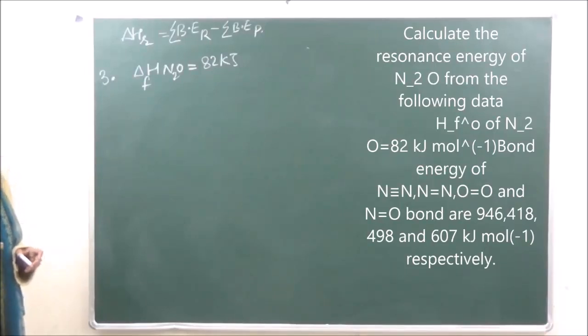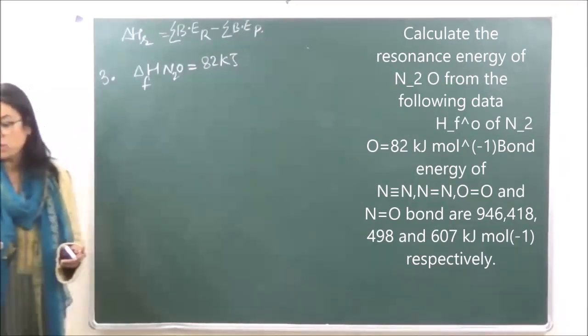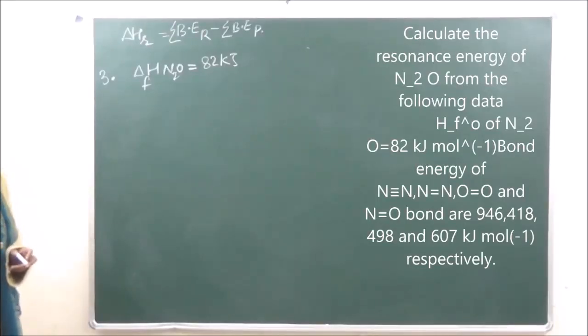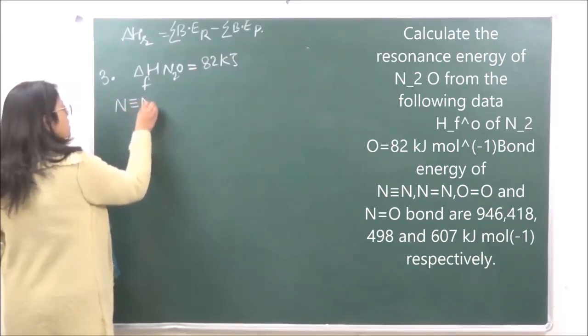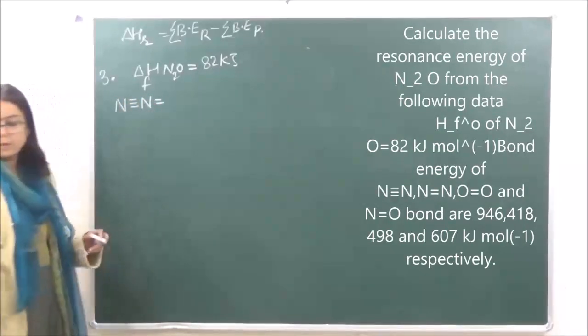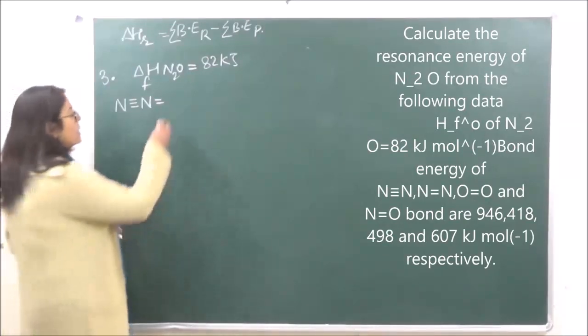Observed heat of formation we will calculate. So observed heat of formation will be calculated by delta HR is equal to bond dissociation energy of reactants minus bond dissociation energy of products. Bond energy they have given for N triple bond N. The bond dissociation energy for N triple bond N that is equal to 946.